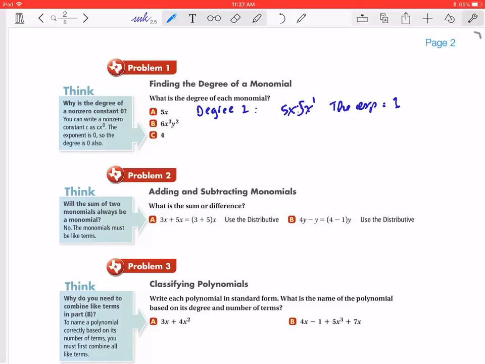But when we're talking about the degree of the monomial, we would say the degree would be 5, because the exponents are 3 and 2, and the sum of those exponents is 5.